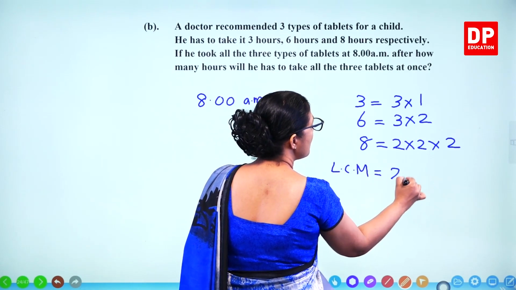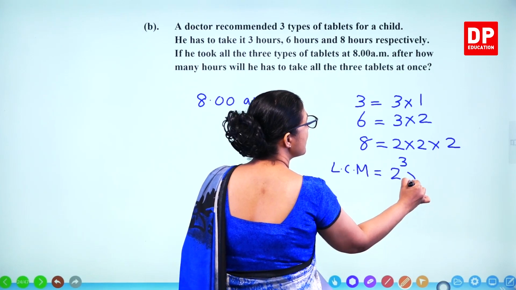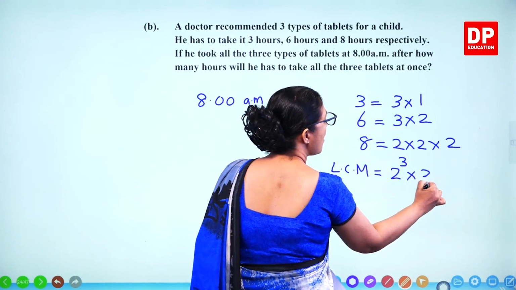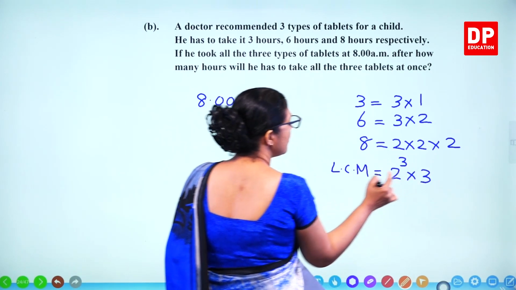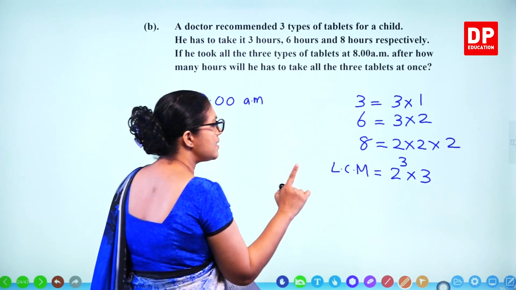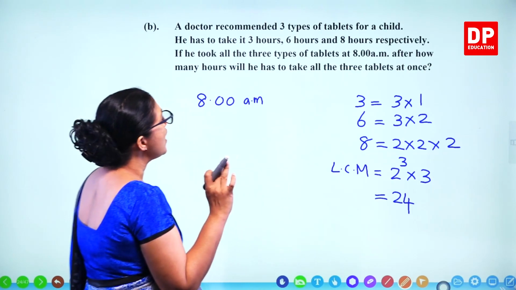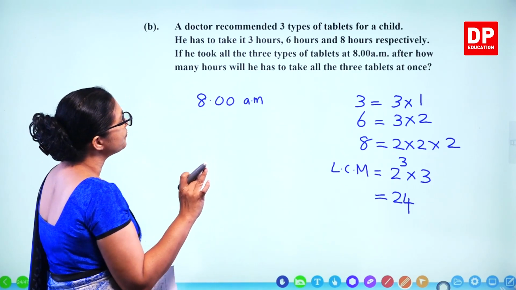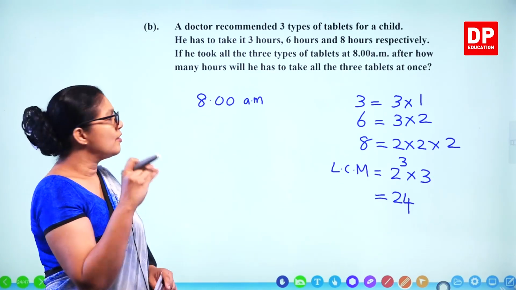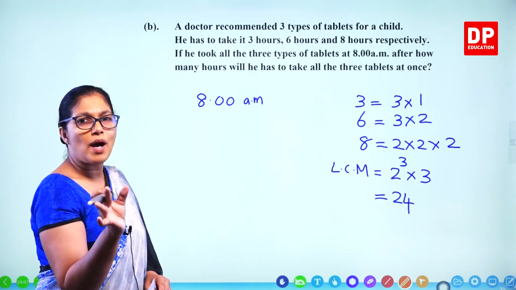For 2, the highest power is 2 to the power 3. For 3, the highest power is 1. So 2 to the power 3 is 8. 8 times 3 is 24. So after 24 hours, you have to take the medicine again at once.